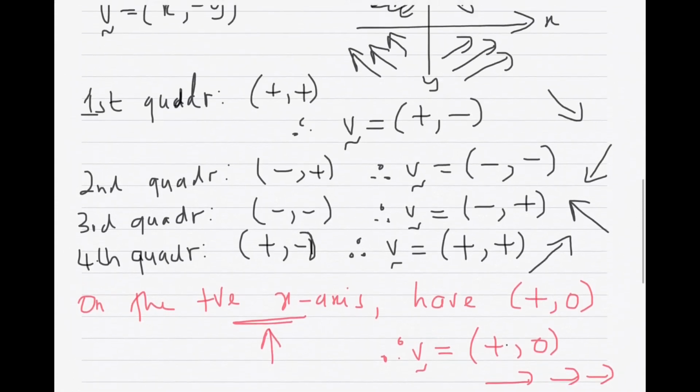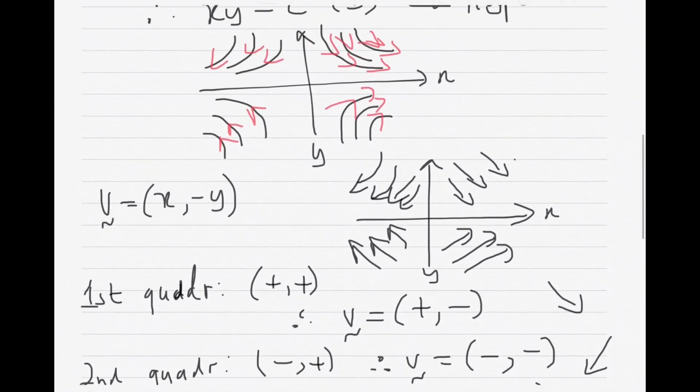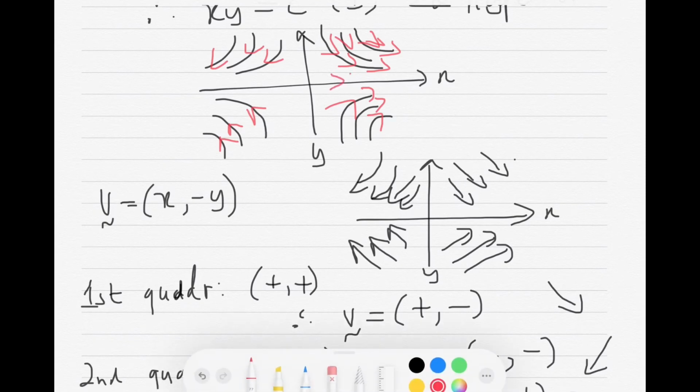So going back up there, what we have is those arrows there. And similarly, when we check each of the other three axes, you've got y positive and x 0, and these will have these directions, and you can check that this should all be falling in line with the general profile, like so.